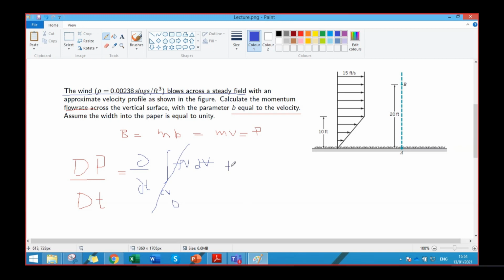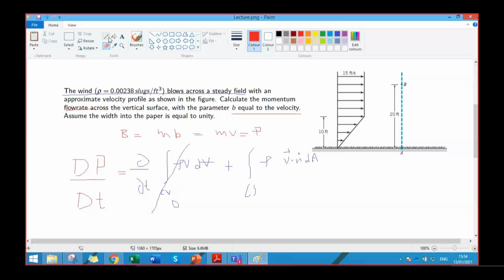Then we have the second term, that is the integral over the control surface of rho b v dot n dA. Here in this case, this b will be replaced by the velocity.